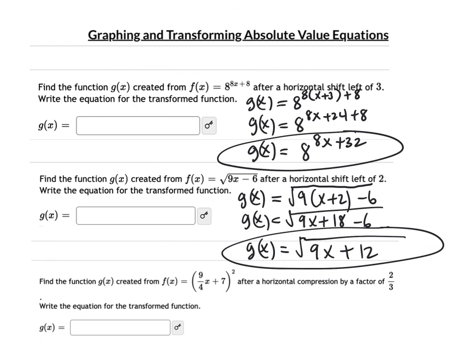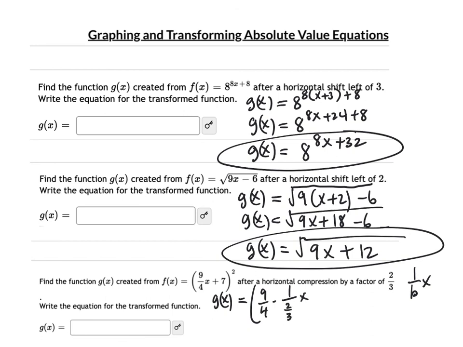Last one, horizontal compression. Since it's horizontal, I'm going to replace x with 1 over b times x. It's a compression because it's less than 1. So my g of x will equal 9/4 times 1 over b, and b is 2/3.